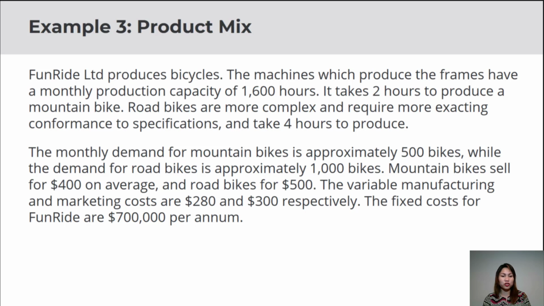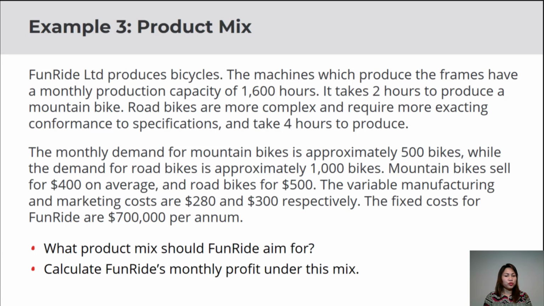So this is another constraint that you need to consider. Mountain bikes sell for $400 on average and road bikes for $500. The variable manufacturing and marketing costs are 280 and 300 respectively. The fixed costs for Funride are 700,000 per year.